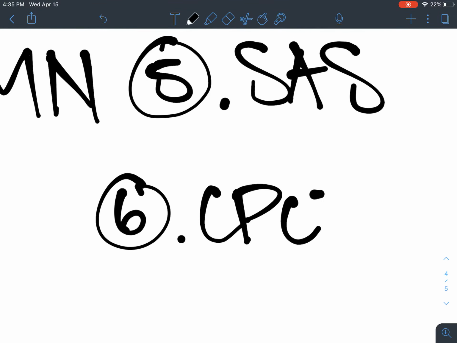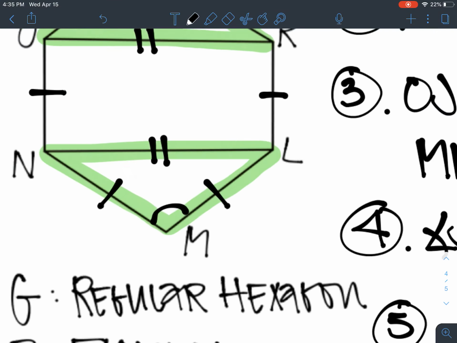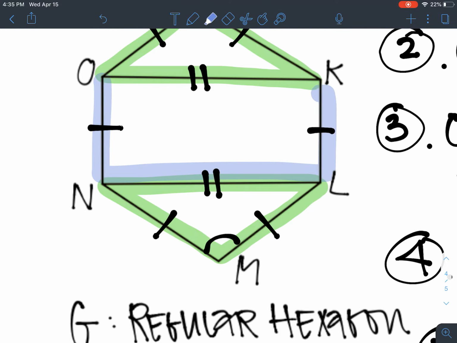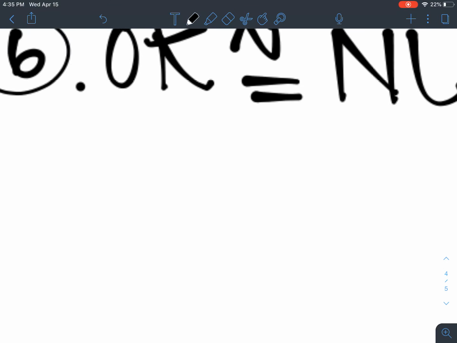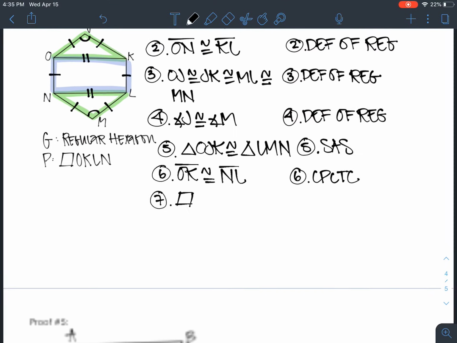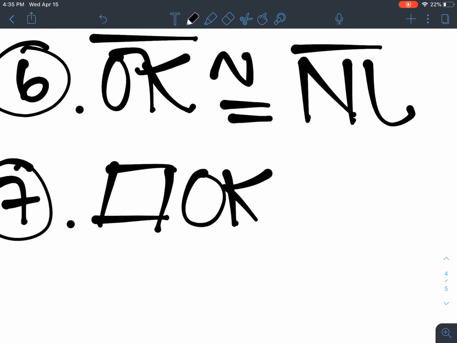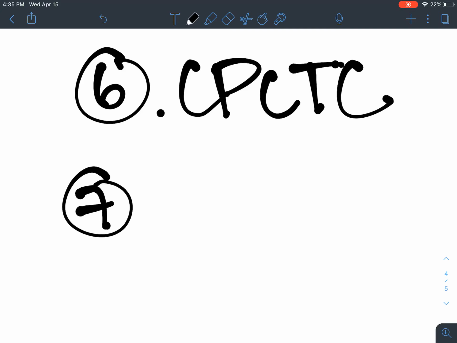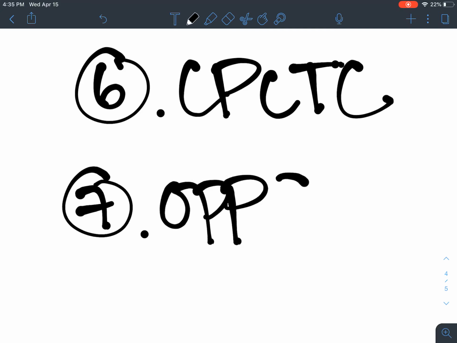And then now let's take a look at what we have in our picture. Don't I now have this quadrilateral with 2 sets of opposite sides that are congruent? And the answer to that is yeah. So then now I can state that this is a parallelogram, OKLN. So that's a parallelogram, and that's once again because opposite sides are congruent.